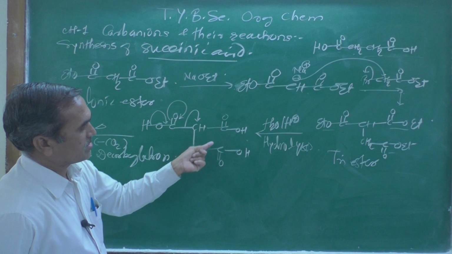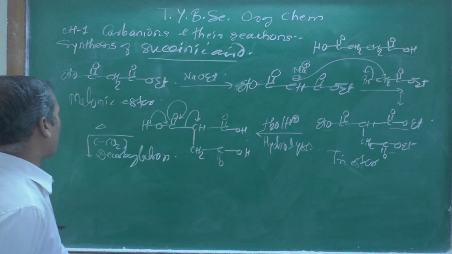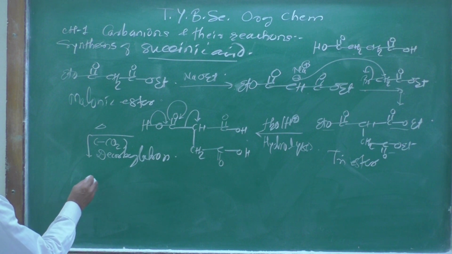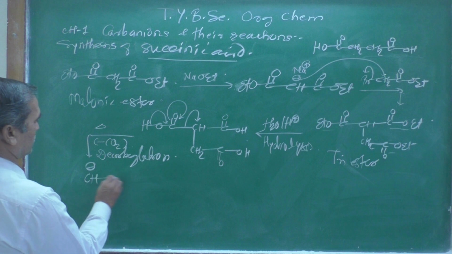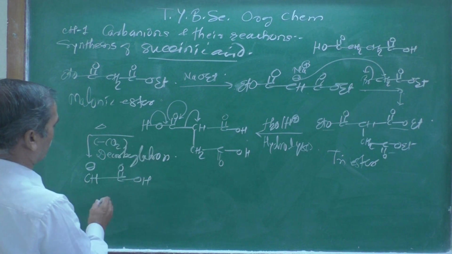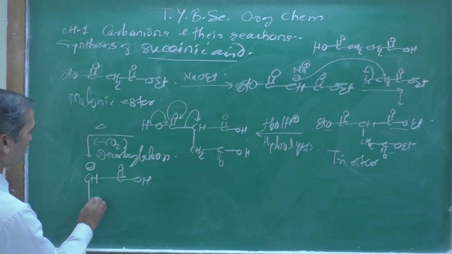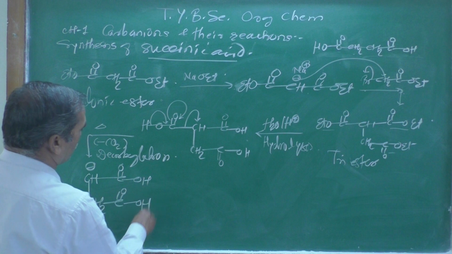Look at this acid group and this acid group, the other part remains as it is, and finally here you are going to get a negative charge. It is just like a carbanion, O minus, C double bond OH, and then here you can write CH2, then C double bond O and OH.